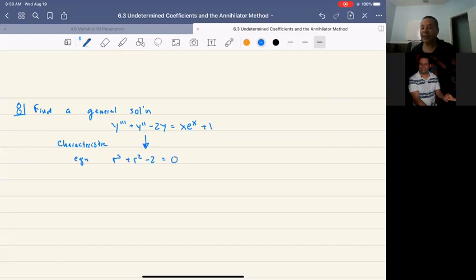Now, one of the things that's nice about this one, we can immediately see that r equals 1 is a root, right? 1 plus 1 minus 2 equals 0, so r equals 1 has to be a root.